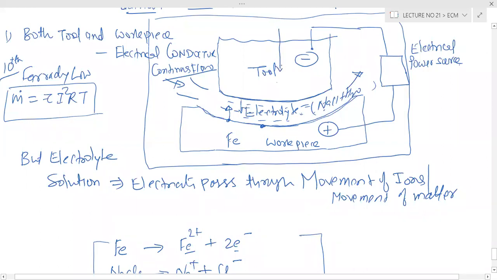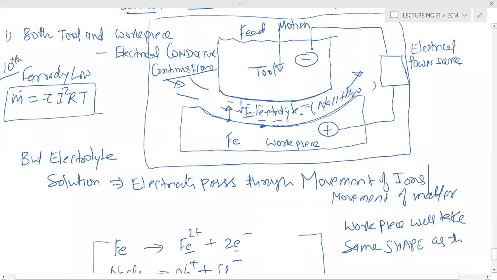The tool is slowly given a feed motion, we lower it slowly, and the material will be removed. The workpiece will take the same shape as that of the tool. It means the shape of the tool will be reproduced in the workpiece.